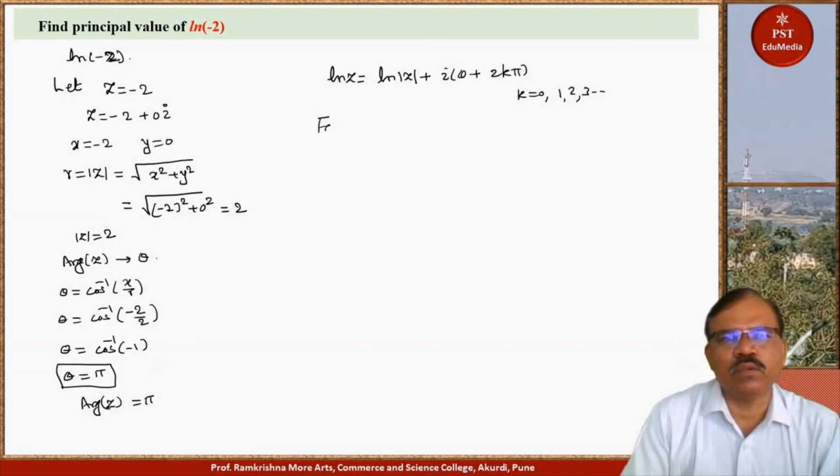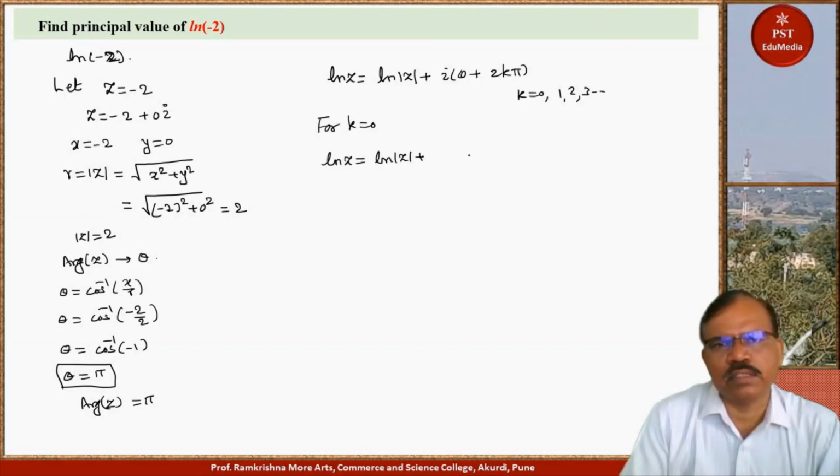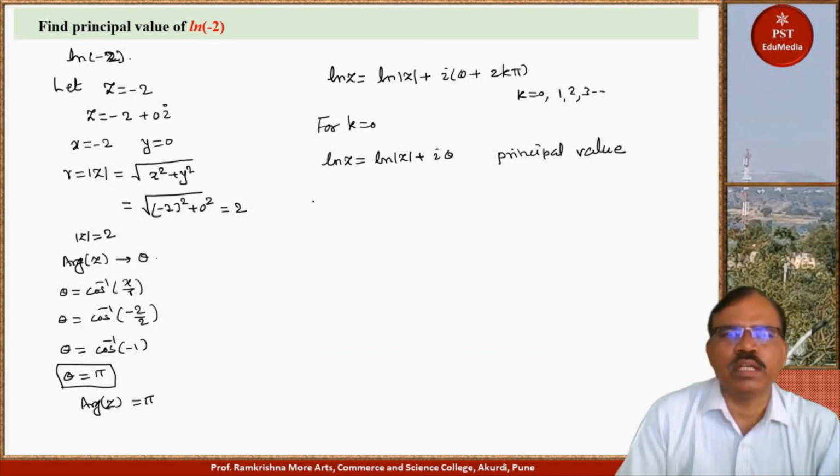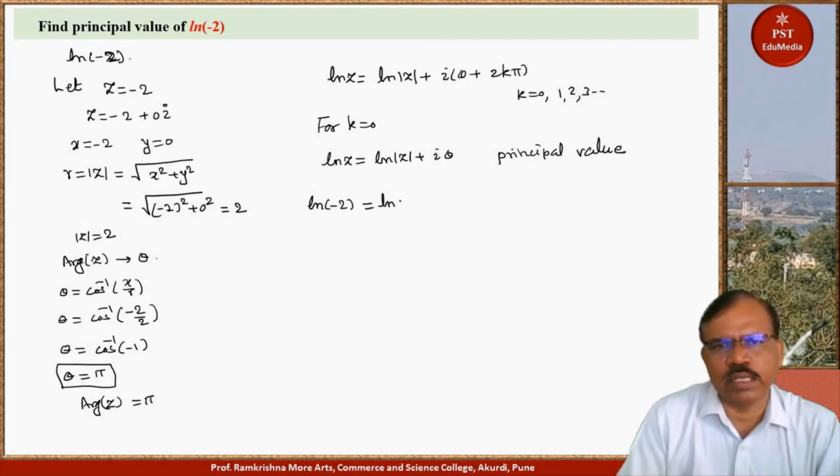So for k is equal to 0, we know it is log z, that is log of modulus z plus i theta, and this is called the principal value. So here log z means log minus 2 is equal to log modulus z means log 2 plus i pi.